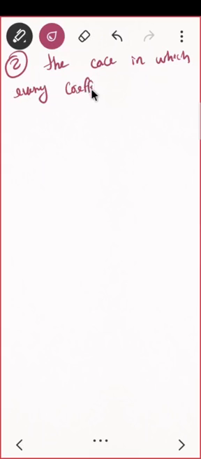The case in which every coefficient in the principal part is 0.